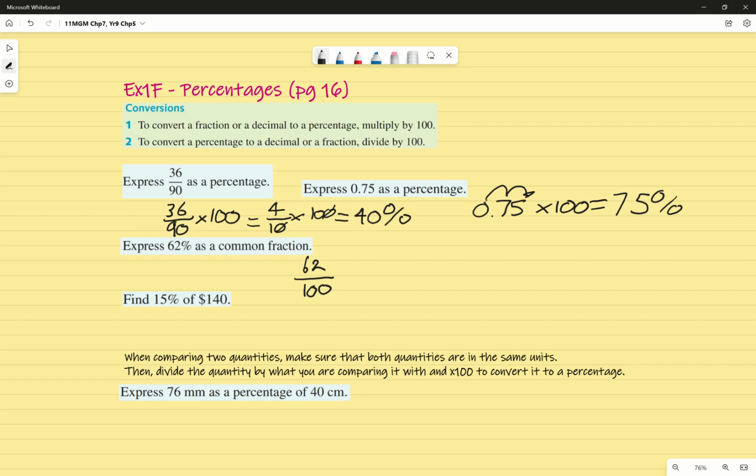So what we can do first is convert it to a decimal, right? So we have that 15%, and we want to make it into a decimal, so we're dividing it by 100. So just 15 divided by 100, and that will be our new decimal, or our new fraction, and then we can just multiply that new number by 140 to find 15% of it, right?